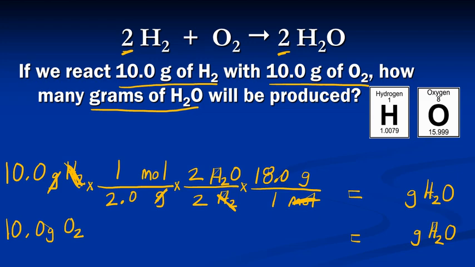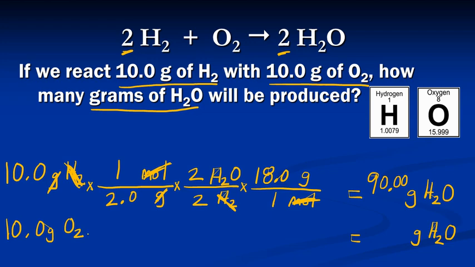So we cancel moles. And we do the arithmetic here. 10 times 2 times 18 divided by 2 divided by 2 again. And the answer I'm getting is about 90. 90 grams of water.